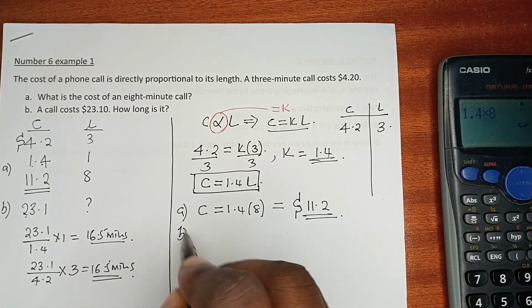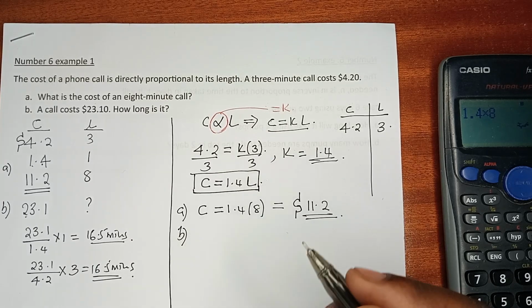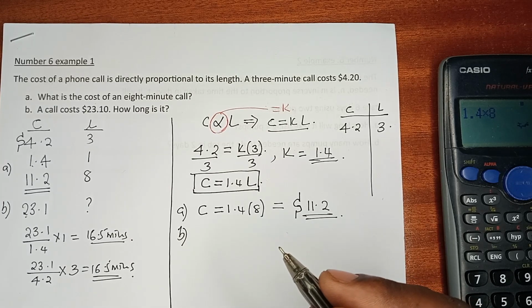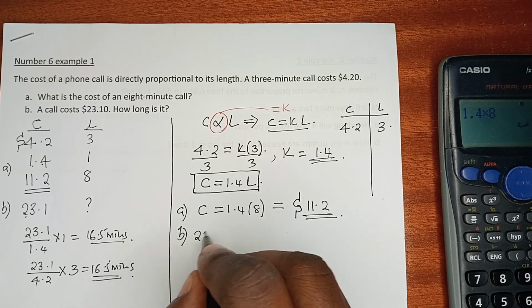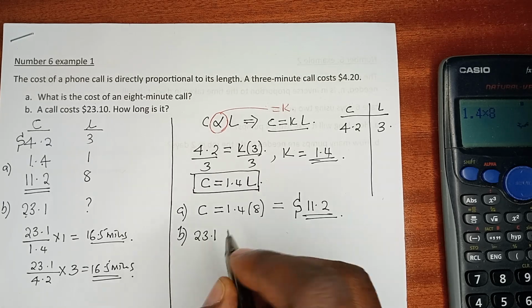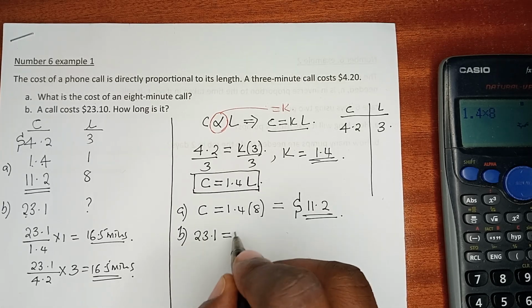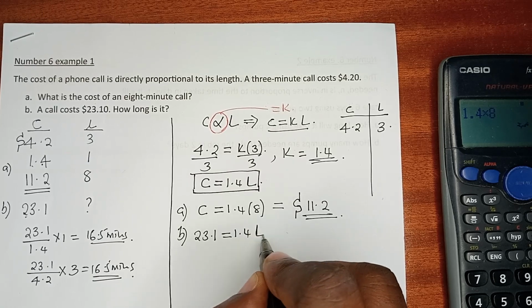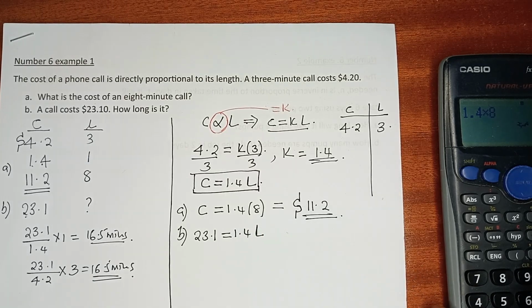What about part B? A call cost $23.1. How long is it? 23.1, which is the cost, is equals to 1.4 times L, which is now not known.